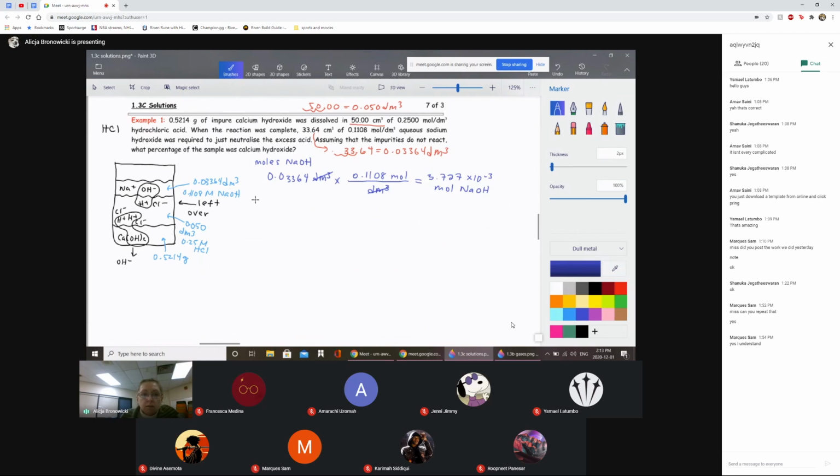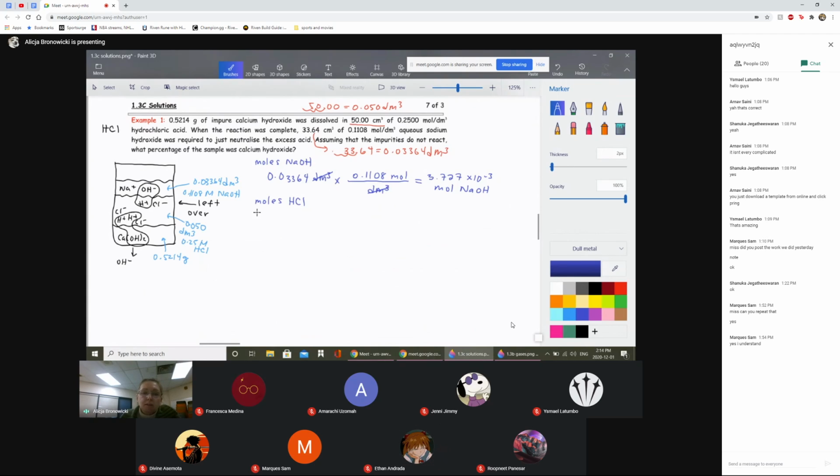Now I need to figure out moles of hydrochloric acid. So I have two different chemicals here. How would I link them? What do I need to write? An equation. Good.